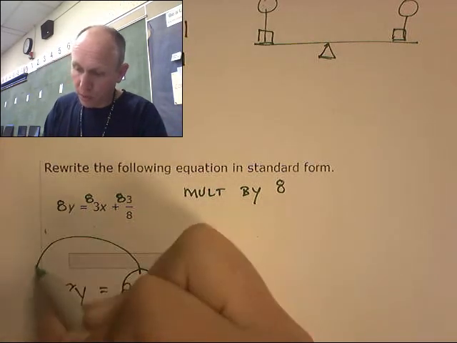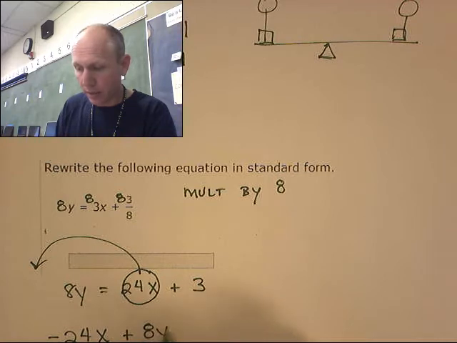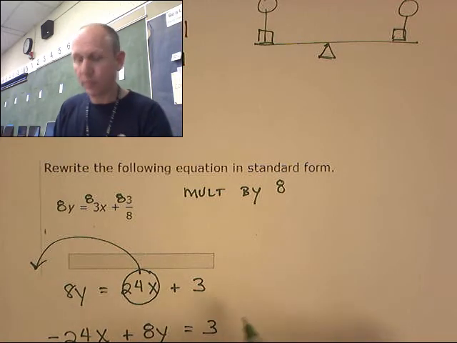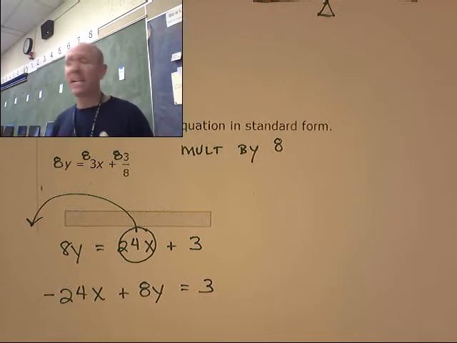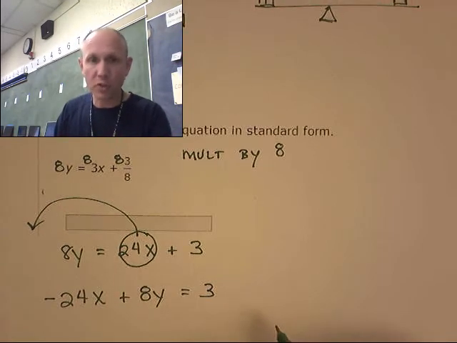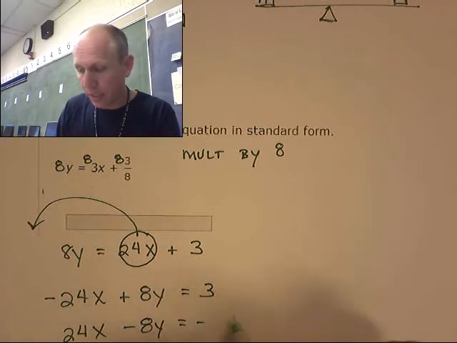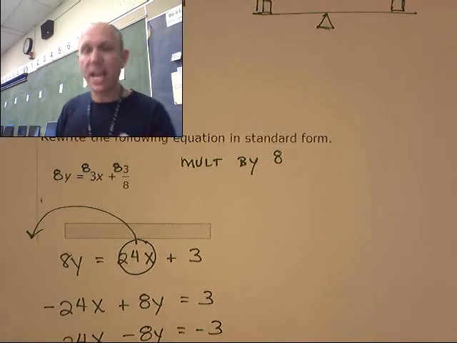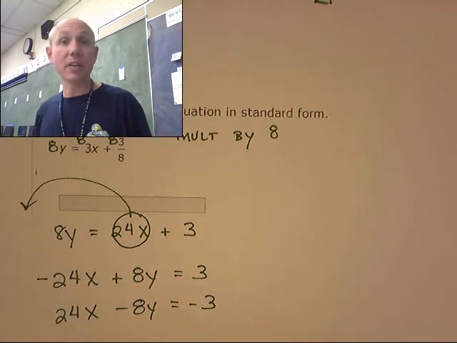Let's drag and drop him over there. Boom. Hits his head. I have negative 24x plus 8y equals 3. But I have a negative on that 24, and that's messing me up. So let's run through the problem and change all the signs. I'll have 24x minus 8y equals negative 3. And now that's a beautiful equation in standard form.